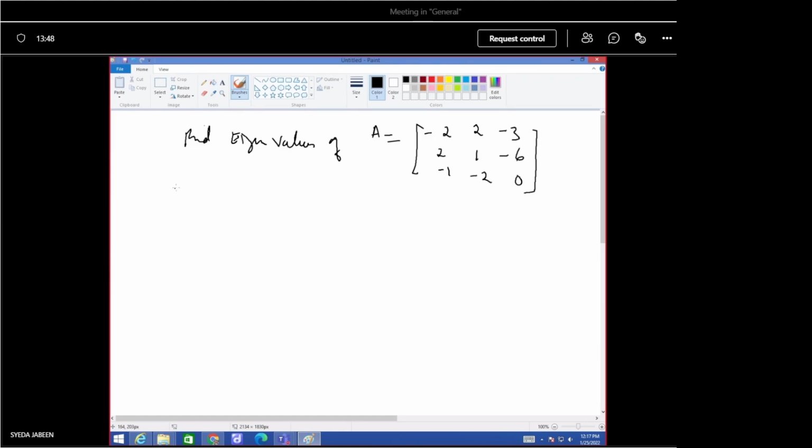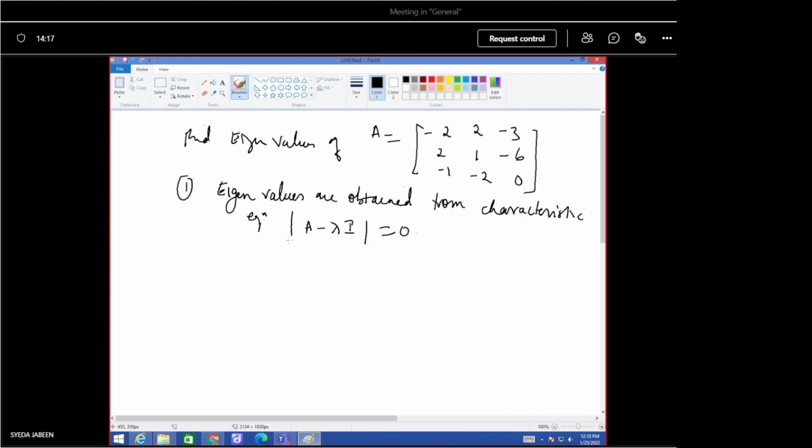So first thing that I have said, the eigenvalues can be obtained by the characteristic equation. From this equation, now you solve this equation. You know A, you know I, so lambda you can get. So you will get a polynomial of degree 3 because this is a 3 by 3 matrix. Okay, so when you solve that polynomial equation, you will get 3 roots. Those roots are called the eigenvalues.